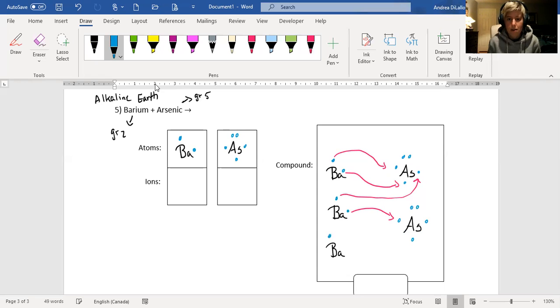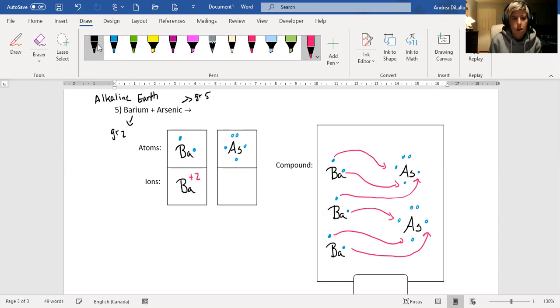So another barium comes in to give arsenic those 2 electrons. Now barium's happy. It's given up all of its electrons to have a full last shell. Arsenic's happy. It's taken all those electrons to have a full last shell. So if we're looking at our charges here, barium is Ba plus 2, and arsenic is As minus 3.